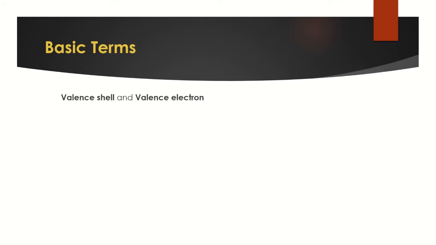So the first basic term we'll discuss is valence shell and then valence electron. That is the outermost shell of an atom. So let us consider the example of sodium atom. We all know that its electronic configuration is 2, 8, 1.